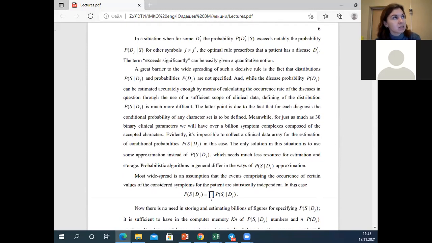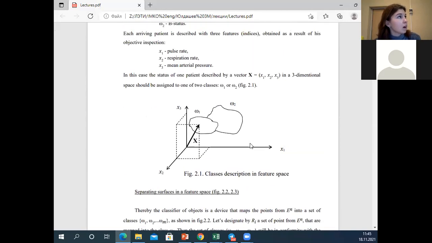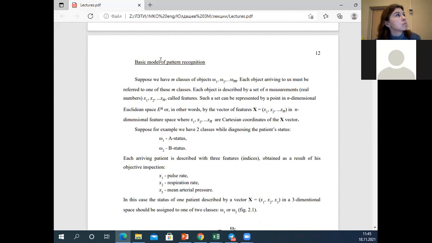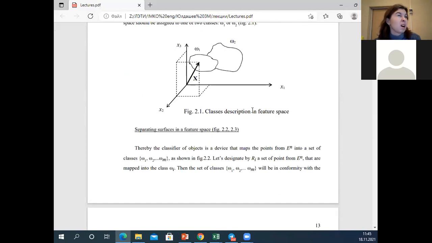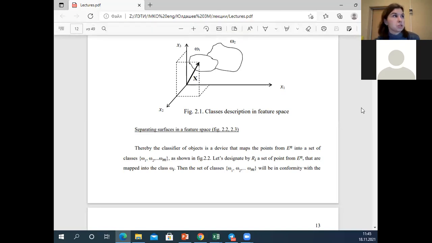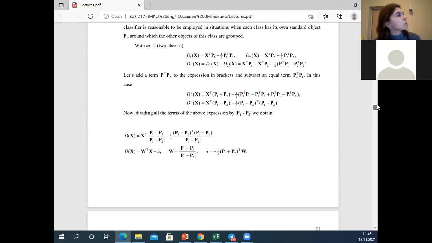So please read this book, especially the part with the pattern recognition model. It will be a little bit difficult to understand sometimes because it's based on mathematical definitions, and also about PCA. I will find it somewhere.